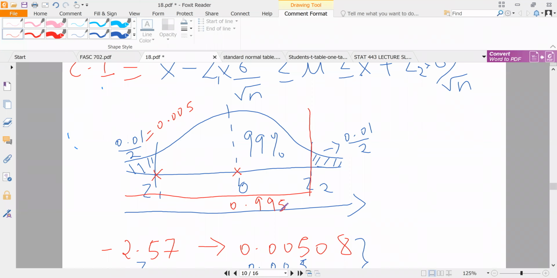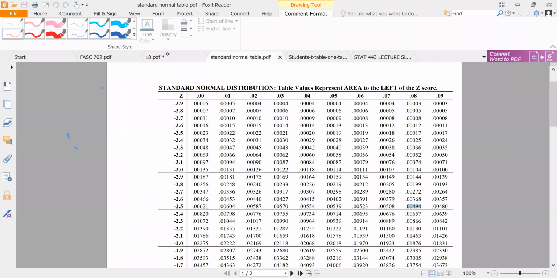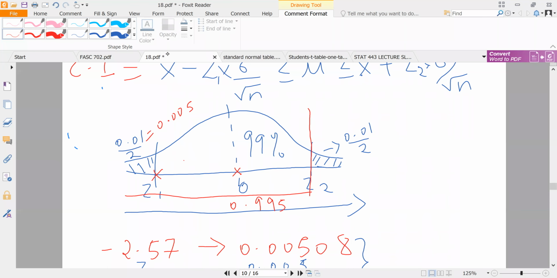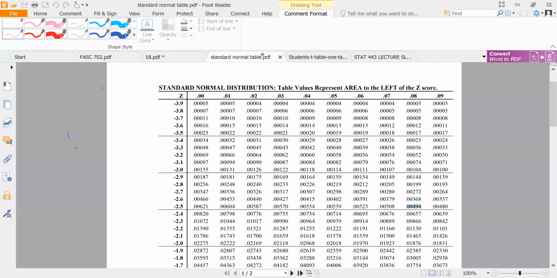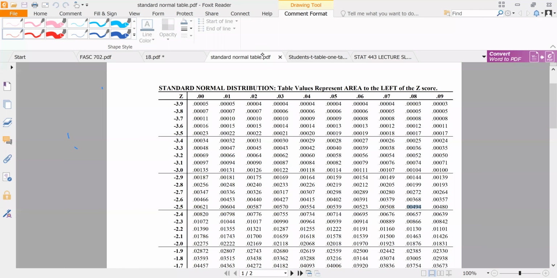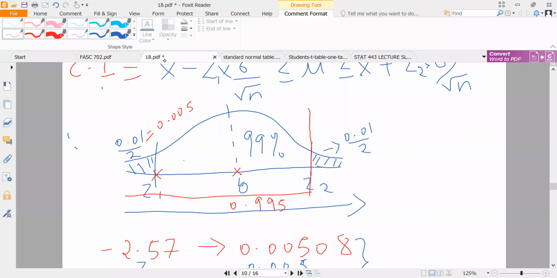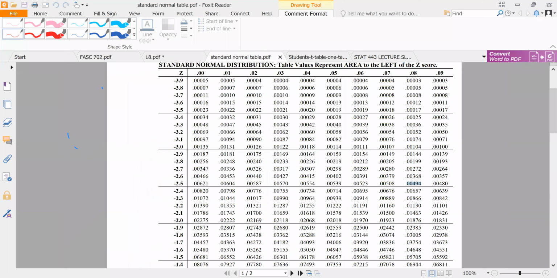That is 0.99 that is in here plus 0.005. So 0.995. And if we come to this table, for you to identify Z2, you look for the accumulated probability of 0.995. Because 0.995 is on the upper tail, we'll just go to the positive values of Z.